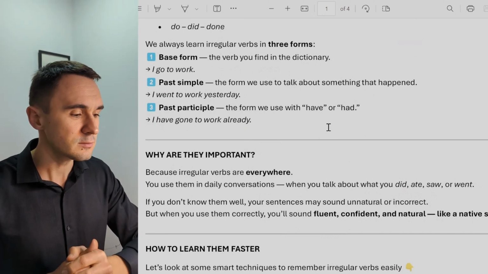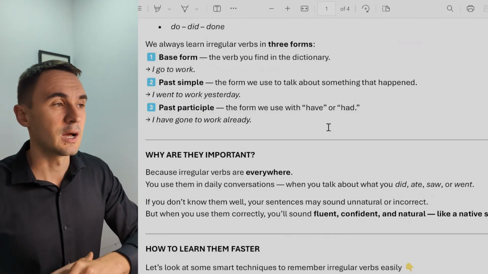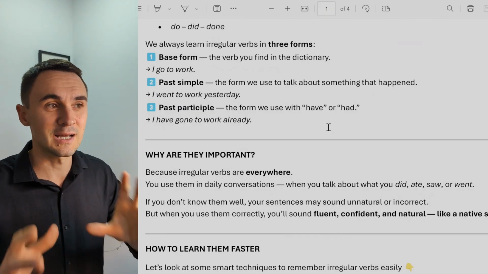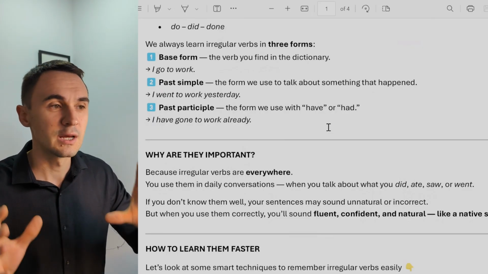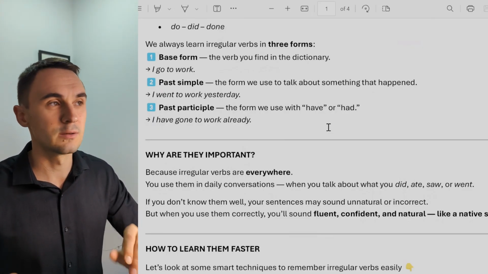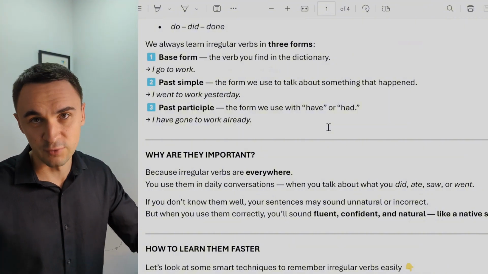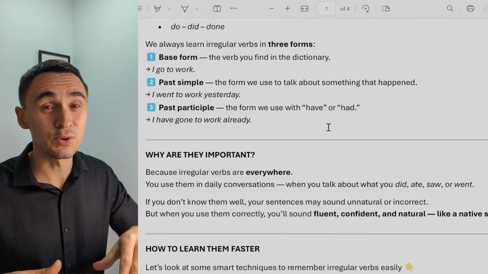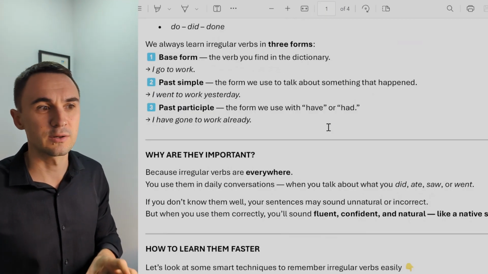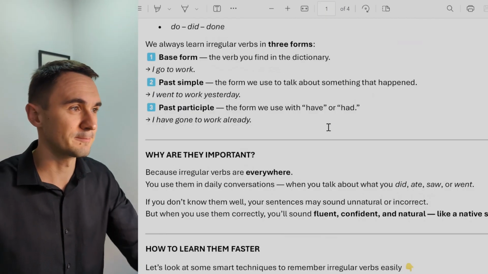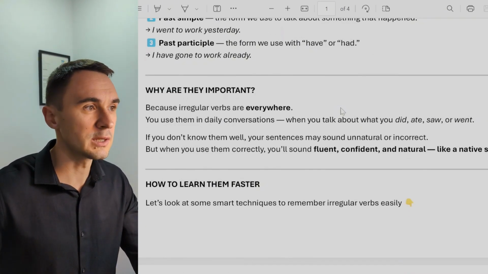Not only. We use past participle or third form of the verb in some other cases, and I really want to make a separate video on that, so stay tuned. I'm gonna make a long form video about past participle, the third form of verbs. We will dive deeper into it and we'll see all the cases, all the possible scenarios where we can use this form, okay?